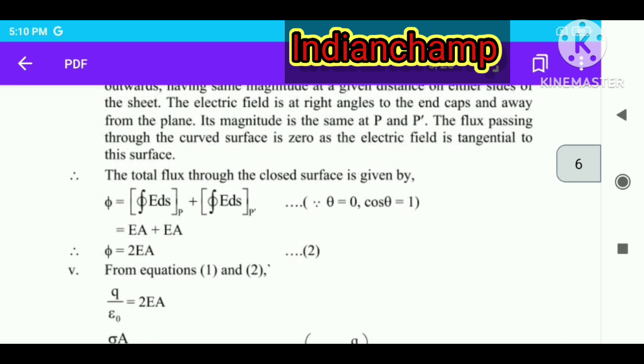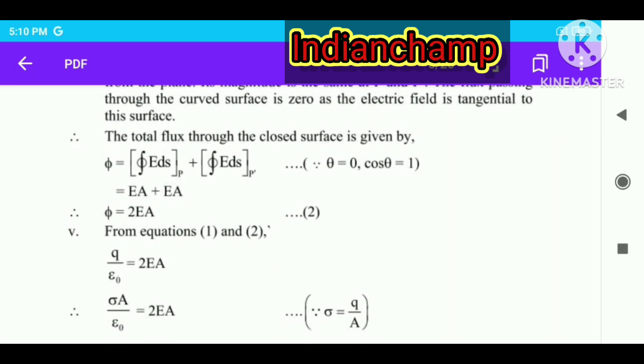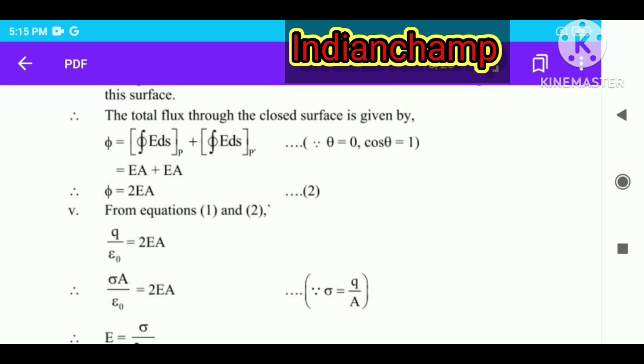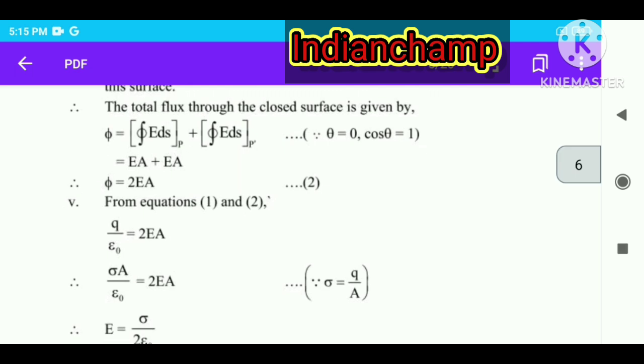Therefore the total flux through the closed surface is given by phi is equal to integral E dS at P plus integral E dS at P dash. Therefore, theta is equal to 0, cos theta is equal to 1, is equal to EA plus EA. Therefore phi is equal to 2EA. Equation second.